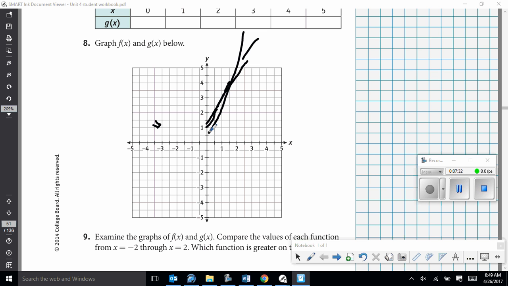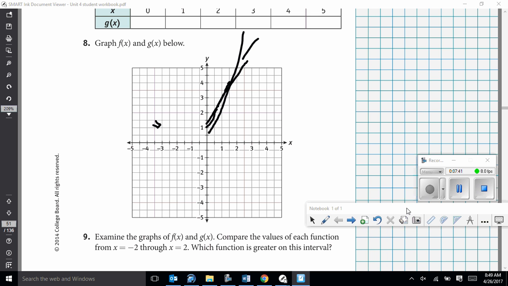So it says examine the graphs of f of x and g of x. Compare the values of each function from x equals -2 through x equals 2. So if we're looking at -2, which wasn't up here, the linear one. So we had at 1, 2.